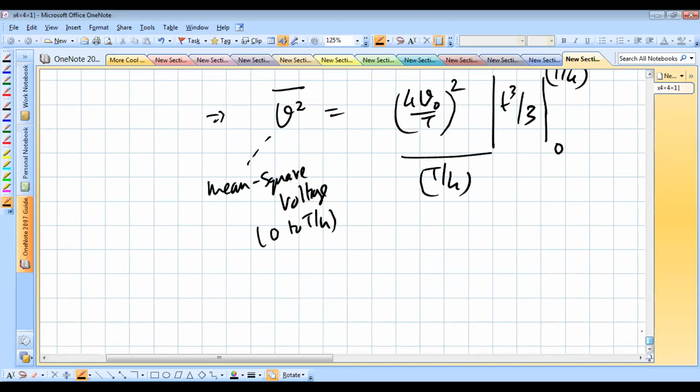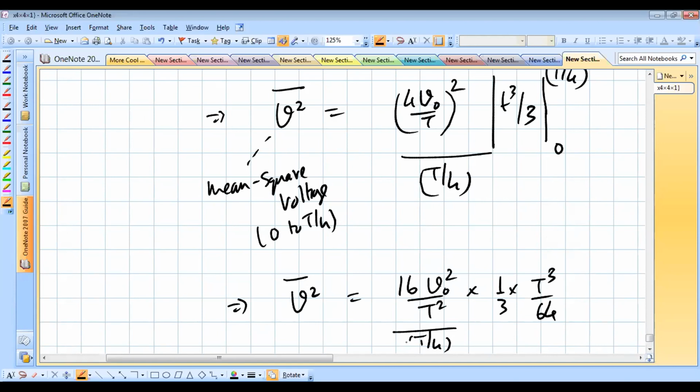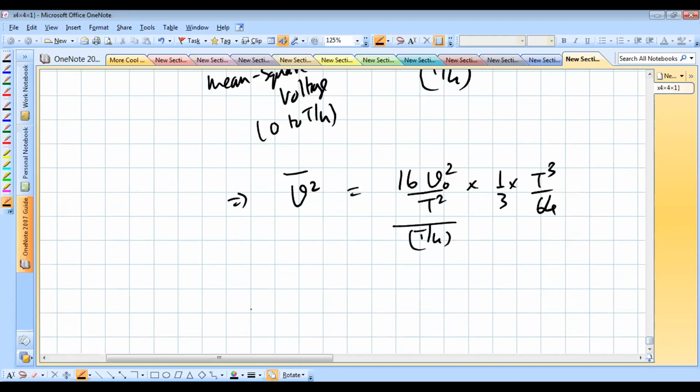Now you can see that v square's average value is becoming 16 v0 square by t square into 1 by 3 into t cube by 64, 4 to the power 3, the whole thing divided by t by 4. So finally this will come out to be v0 square into 16 into 1 by 3 into 1 by 64 into 4. So this will be 1 by 3. Correct?